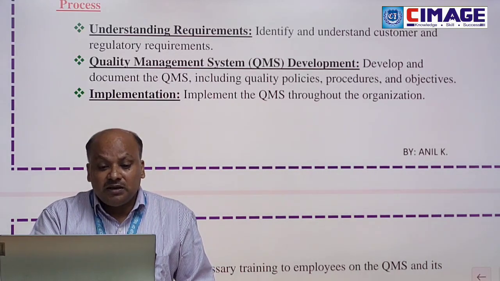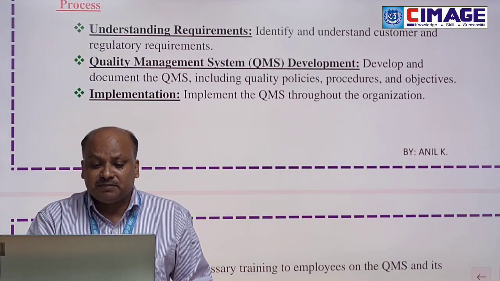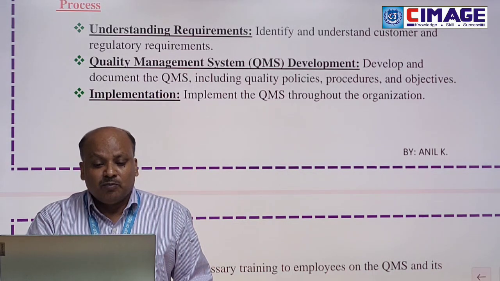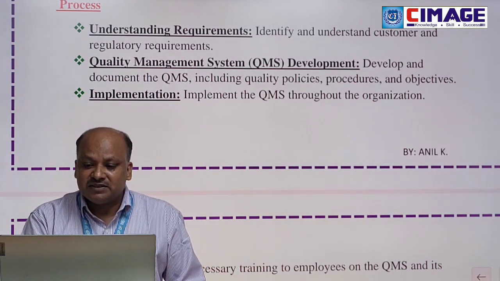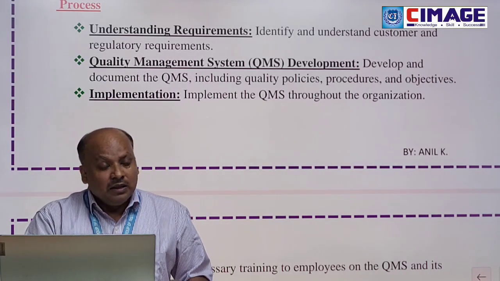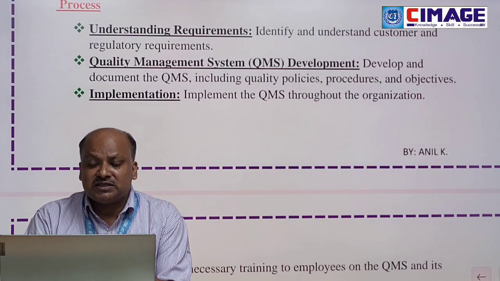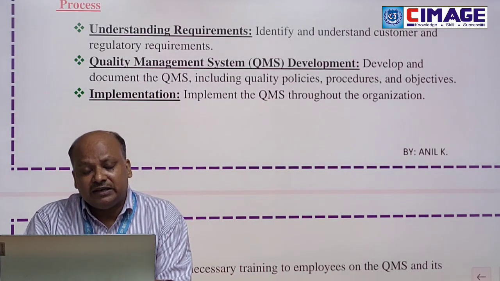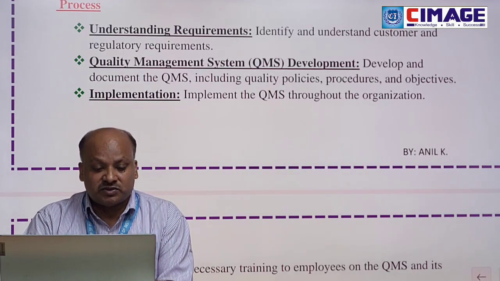Now, the another step under the process is the training. Provide necessary training to the employees on the quality management system and its procedures. Whatever procedures and processes have been made under the quality management system must be trained to the employees.